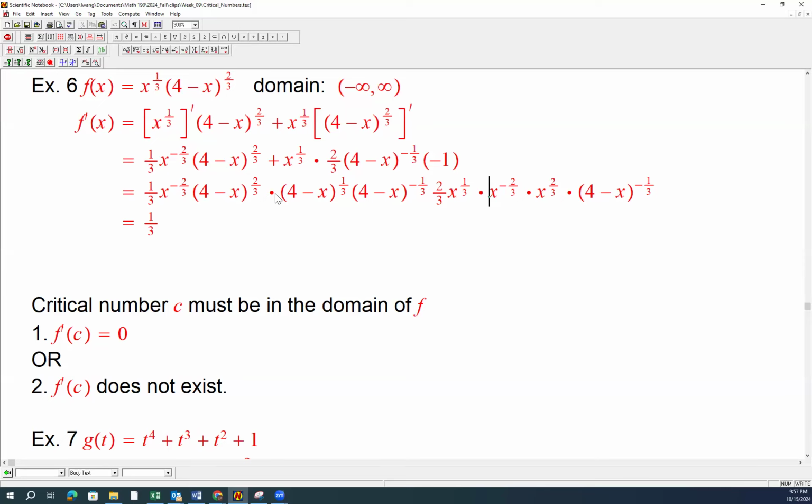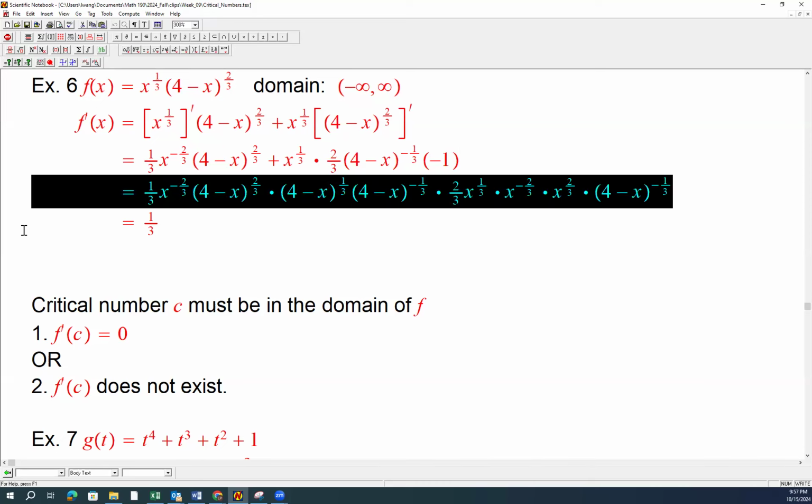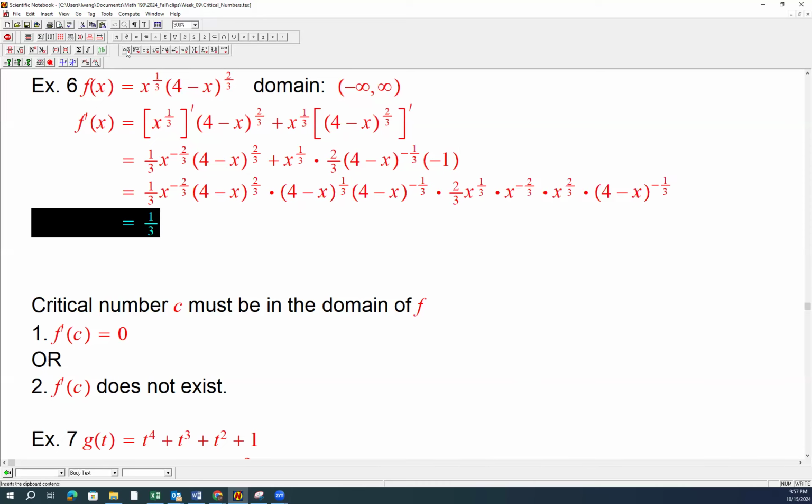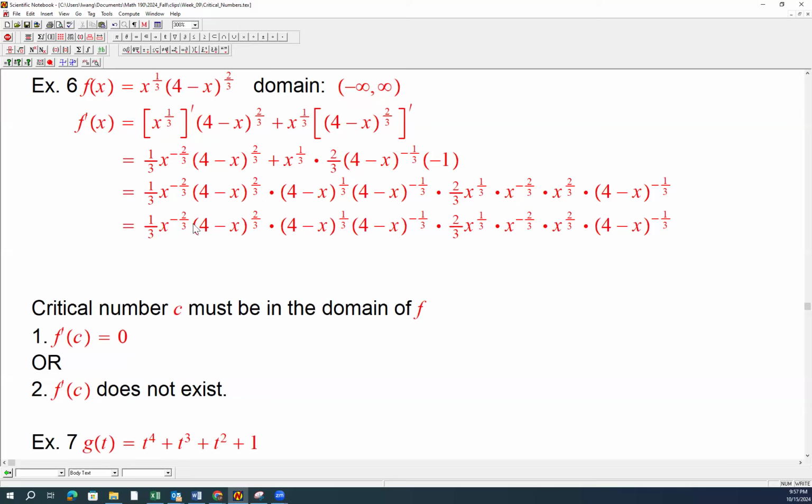After all of this maneuvering, let me write another line because I want to keep that line for your reference at least. What does this equal to?